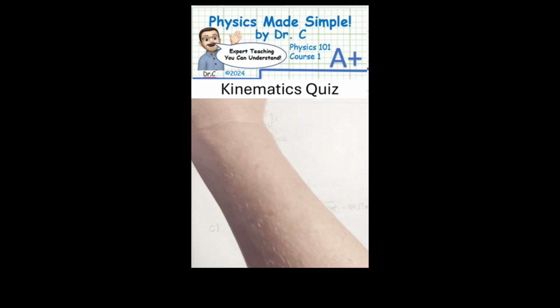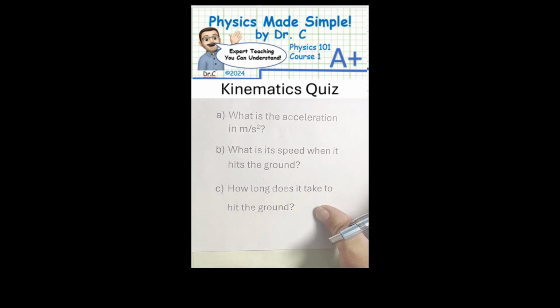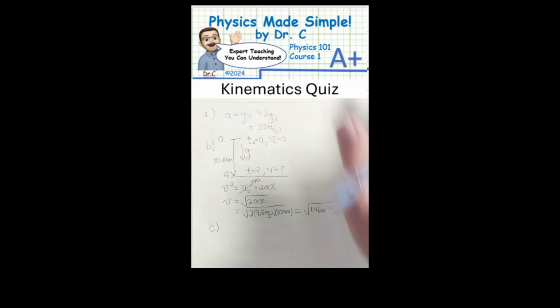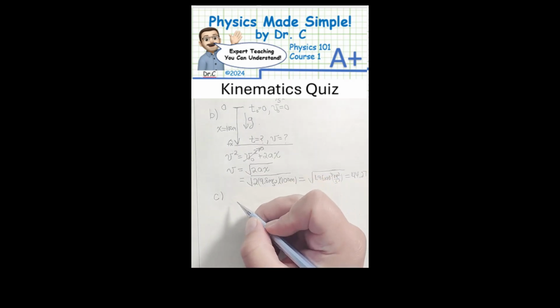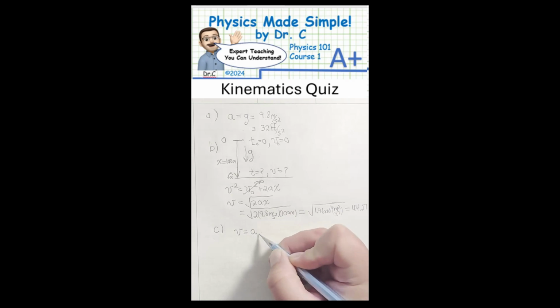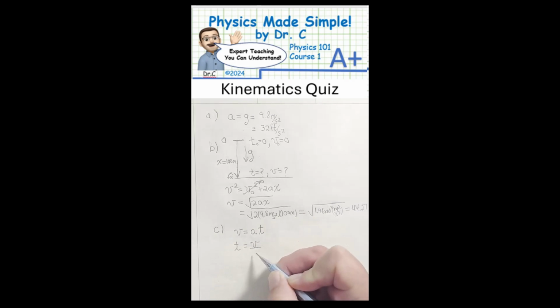Part C. How long does it take to hit the ground? There's two ways to do it. First way, just use the fact that it's constant acceleration. We know that under a constant acceleration, the velocity is equal to the acceleration times the time. We want the time, so t is equal to the final velocity v divided by a.